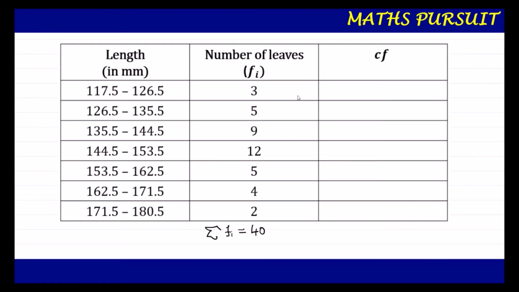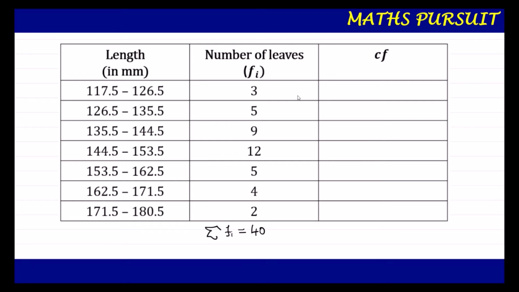In most of the questions you will find the sum of this frequency, so that will make you sure that the total you calculated is correct or not. Once you calculate the total, just check with the question if the given data matches the sum total of this frequency or not.